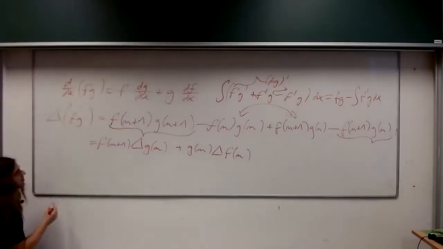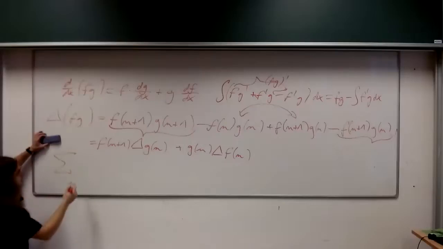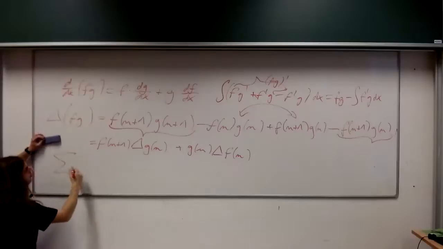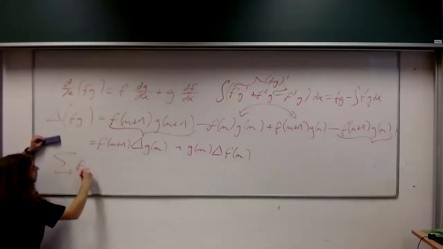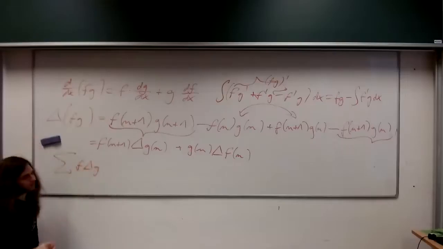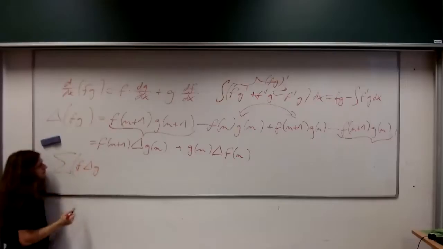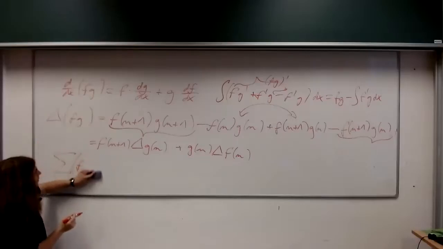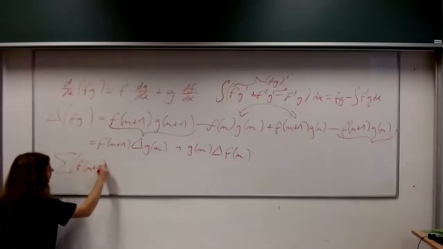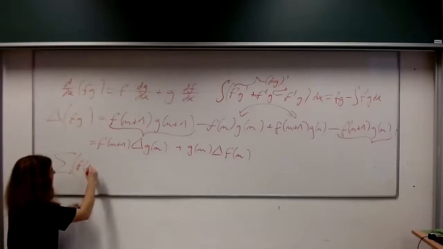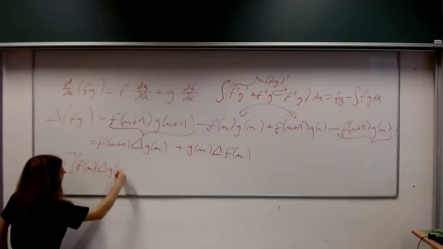And of course, it works with sums, and the process of deriving it is just the same. So if I have something like f times the finite difference of g, I will need to be more careful about those arguments.